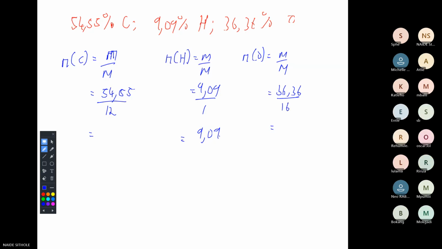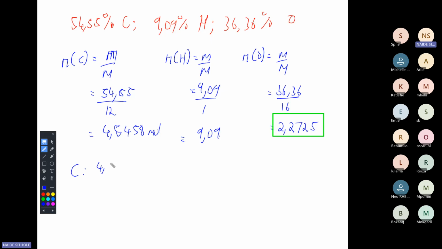Then 54.55 divided by 12 is 4.5458. Remember, make sure that you at least round off to 4 decimal places before the final answer. So this is 2.2725. Then the next step is to do what? Divide by the smallest number of moles. Then to find the ratio of carbon, that is 4.5458 divided by 2.2725.